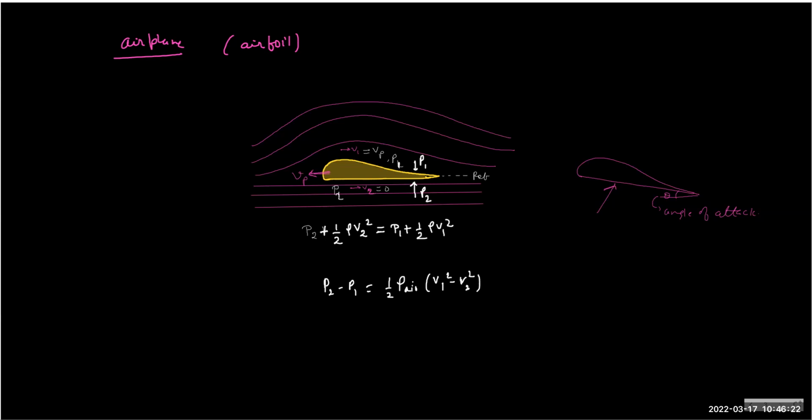Generally the difference of pressure is called delta P, and since we take one velocity as almost zero, this is as good as Vp square.